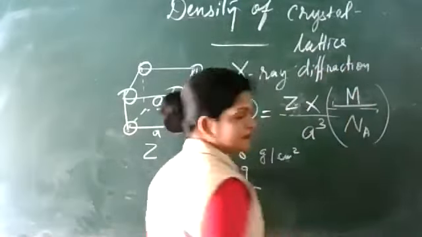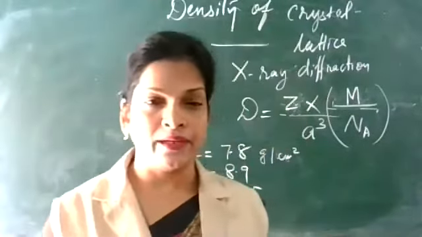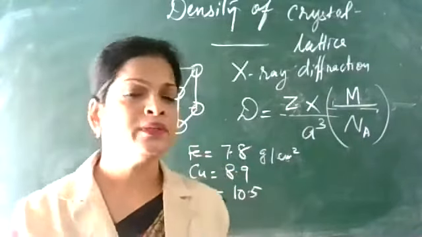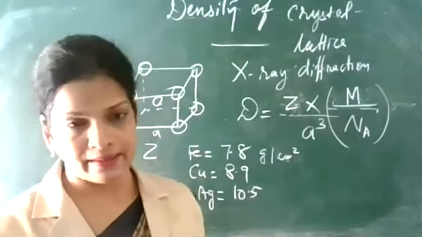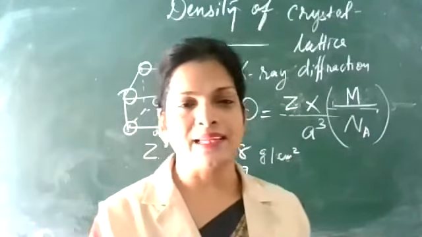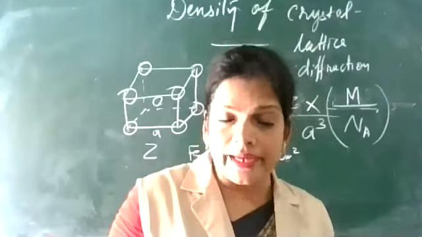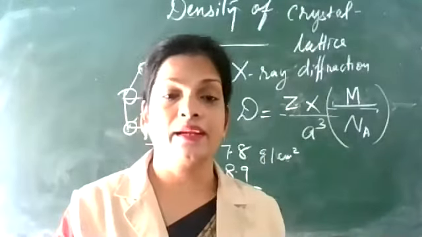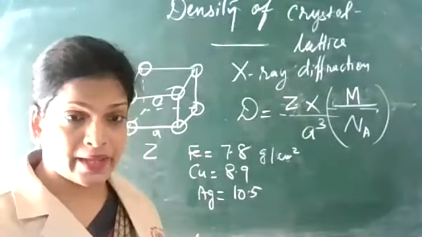Before this syllabus, students had to learn how X-ray diffraction studies are made. Now they simply say X-ray diffraction studies gave this edge length, so you can directly take the edge length. Previous students had to first calculate the edge length from X-ray diffraction studies. Now you can directly take that length, that is a.